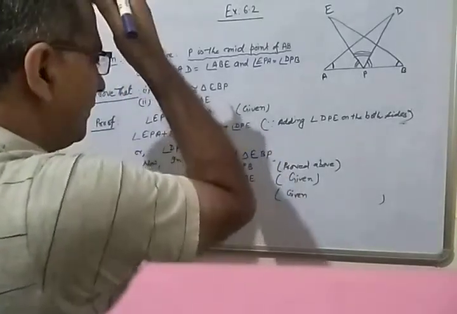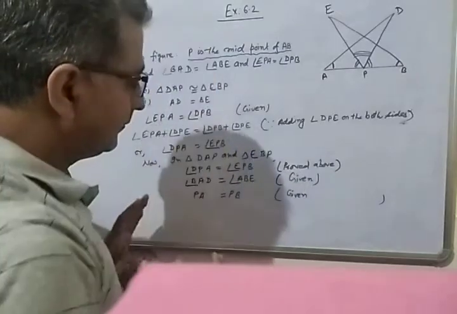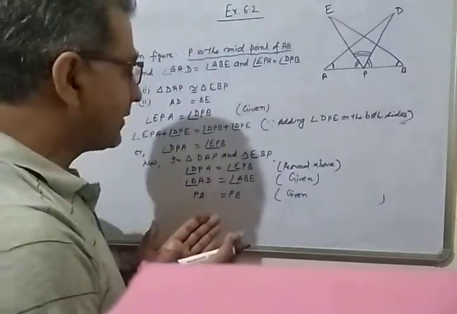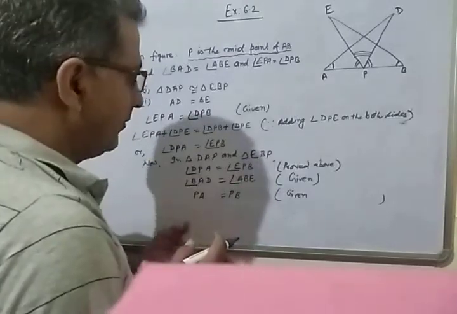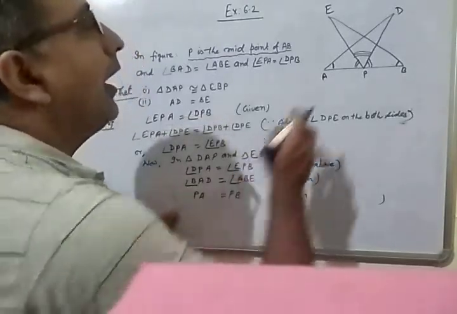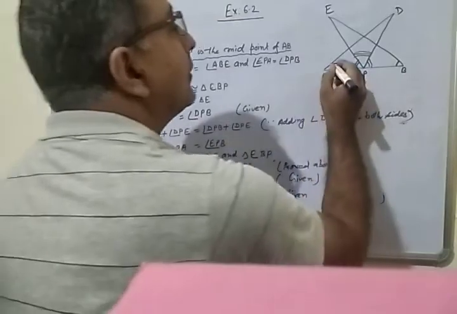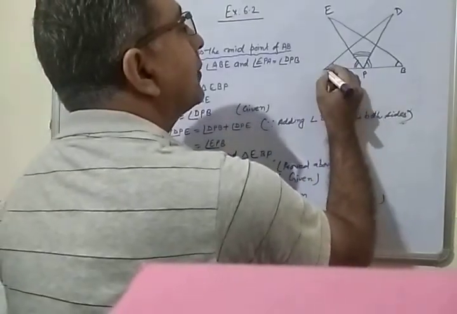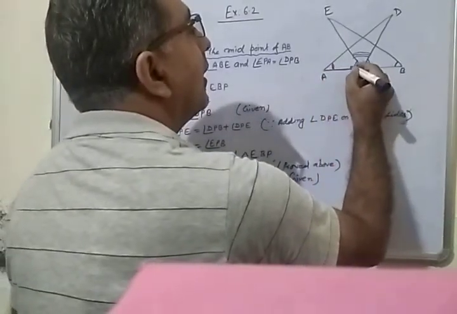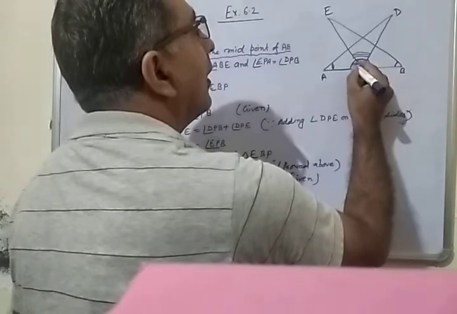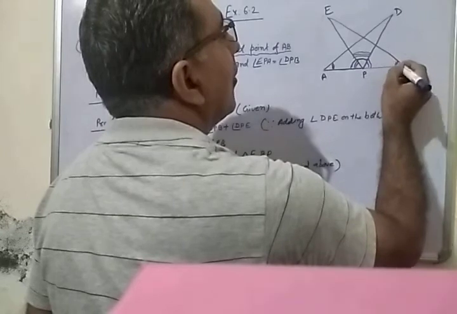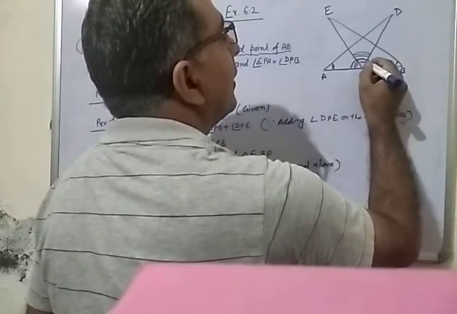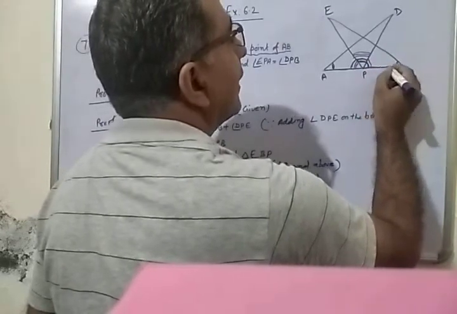Now we compare all three parts, two angles and one side. Then we know by ASA rule, this angle, this side and this angle are equal to the corresponding angle, side and angle.